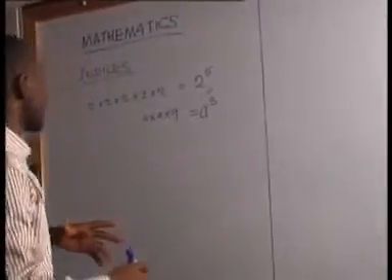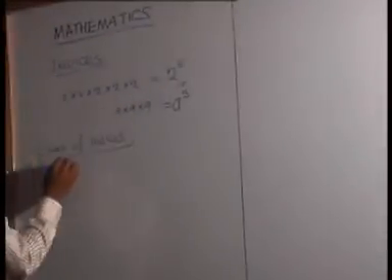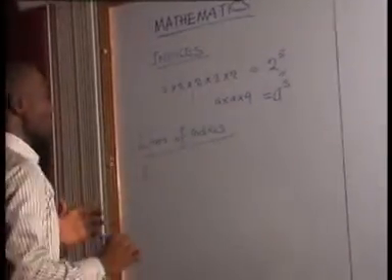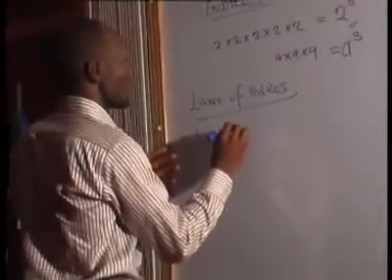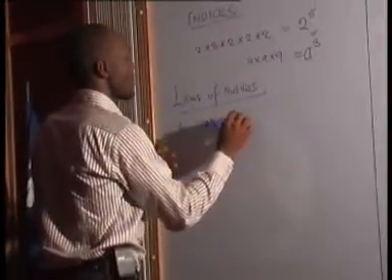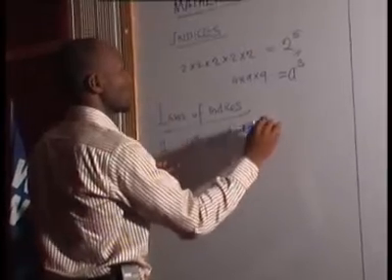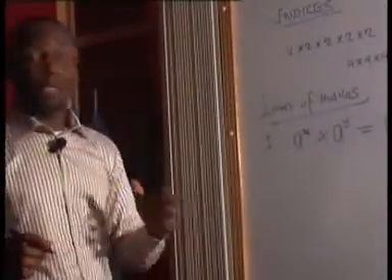So the basic laws of indices. Let's look at the basic law. The first one says that if you have a raised to power x times a raised to power y, then you are going to have a raised to power x plus y.